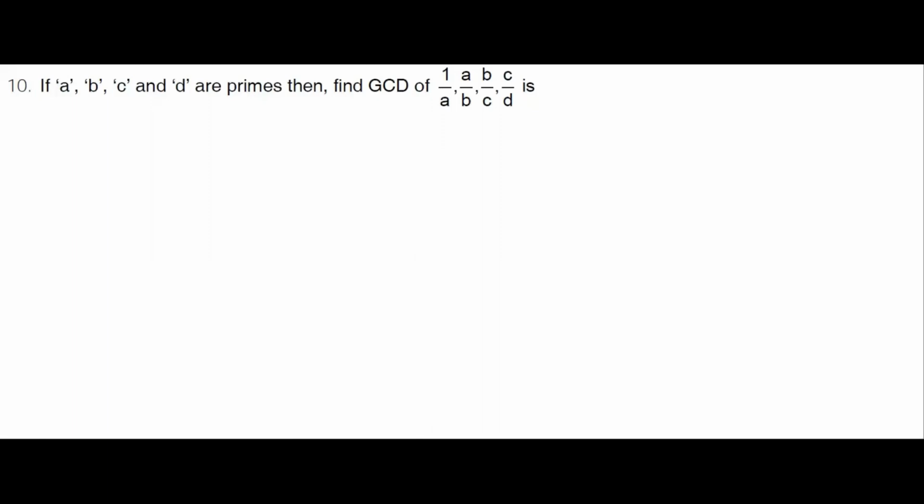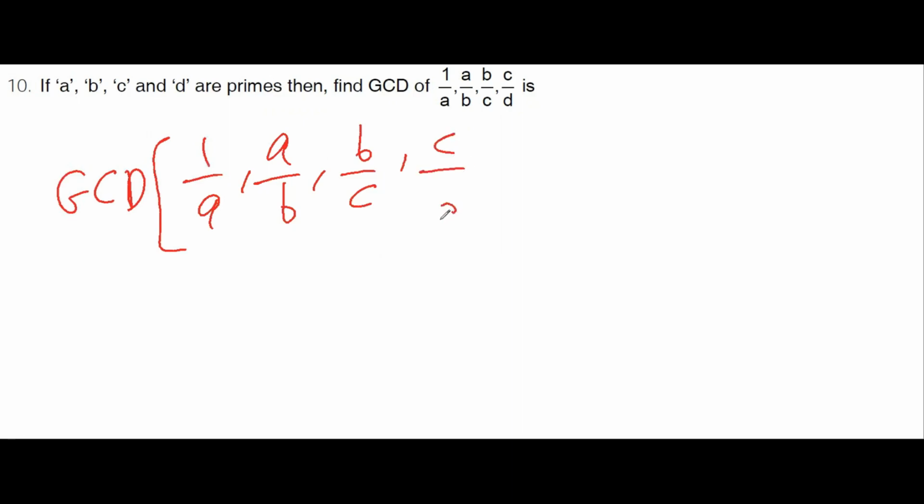Fine. So question number 10, it says that if A, B, C, D are prime numbers, then find the GCD of 1 by A, B by C, and C by D. They all are prime numbers.